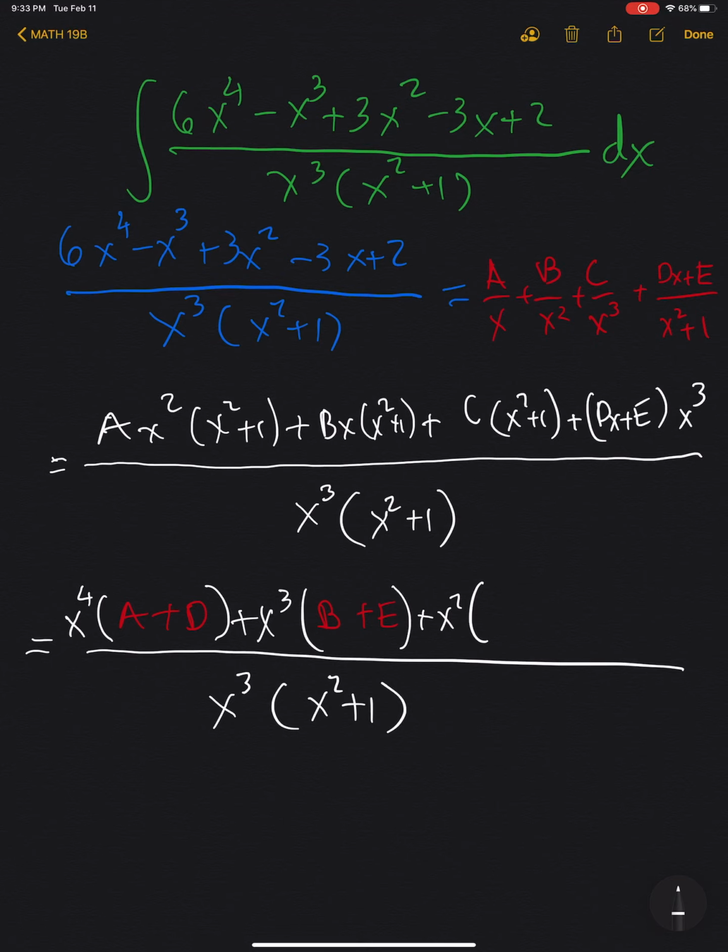So now I want to find the coefficient of x squared. You can see that it's coming from the first term. If I multiply a, x squared times 1, that will give me a right here. And that's the only x squared coming from the first term. The second term doesn't give me an x squared because I have b, x, x squared, and 1.